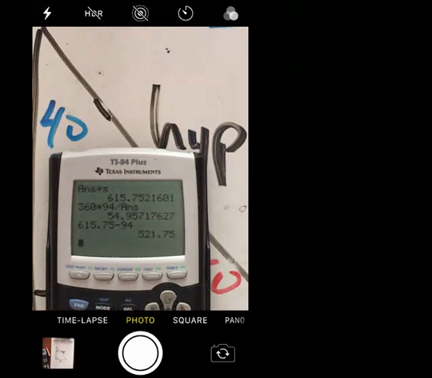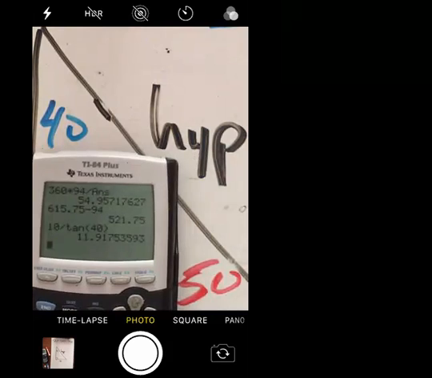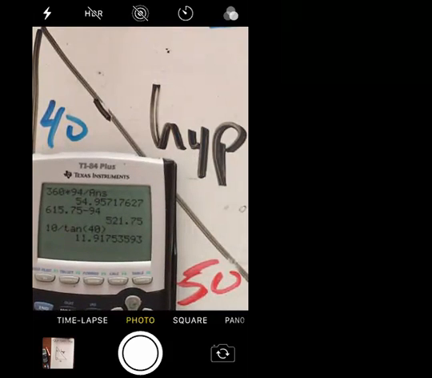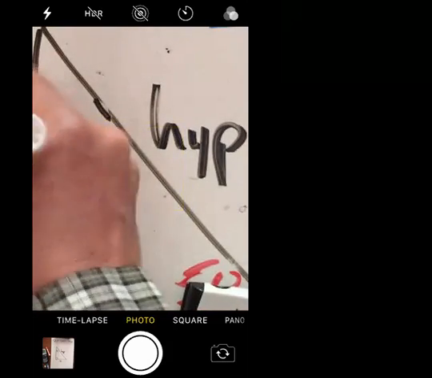Okay, now I'm ready to do 10 divided by the tangent of 40. So this is approximately 11.92 units.